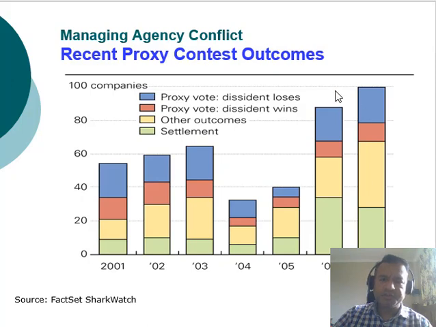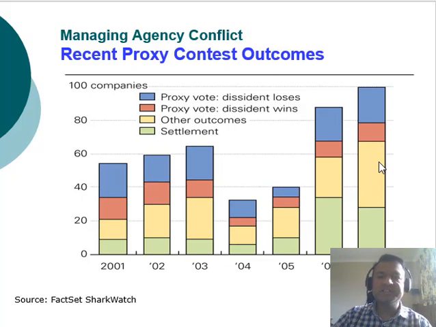Now, this slide shows you recent proxy contests and the outcomes. The outcomes could be in these four categories. One, proxy vote, dissident loses. Proxy vote, dissident wins. Other outcomes and settlement. If you look at the last few years, the other outcomes and settlements are a big factor.